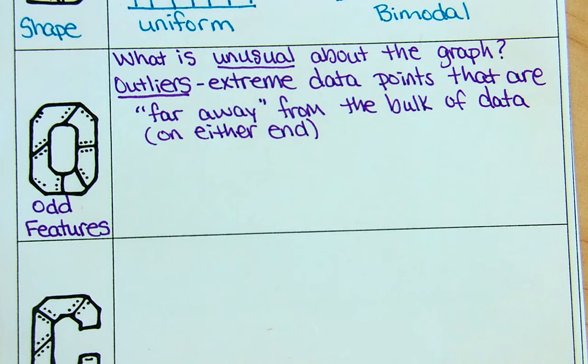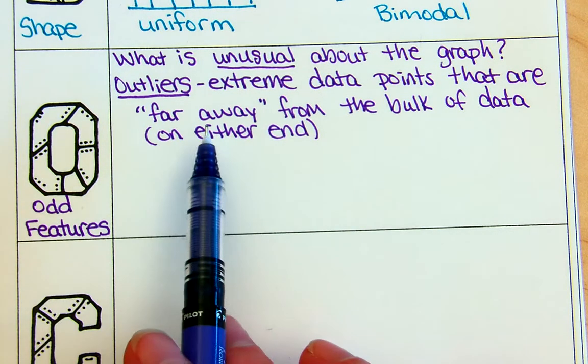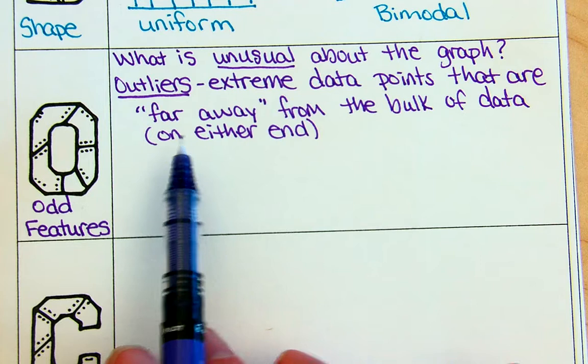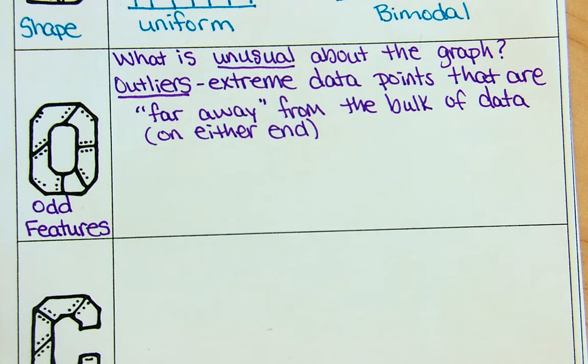And this can be on either end, on the upper end or the lower end. Either way, you can have an outlier. Next week, we'll look at how we calculate this. Okay, we'll have some calculations that we do to mathematically tell how far is far away. So we'll have some formulas that we use for that. For now, just know those are going to be the far away points.